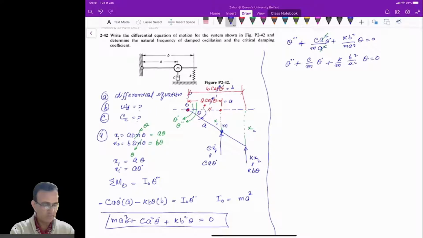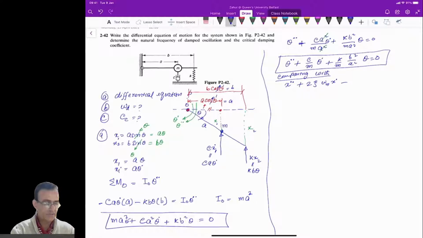Now in this equation, if you compare it with the original equation that we derived for the simple case, x double dot plus 2 zeta omega n x dot plus omega n square x equals 0, here you have theta double dot and there you have x double dot.